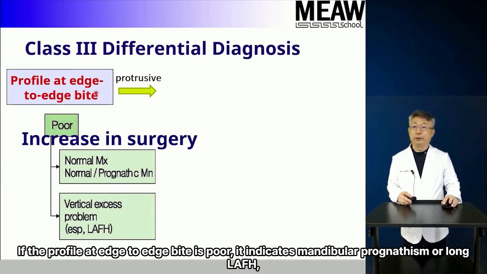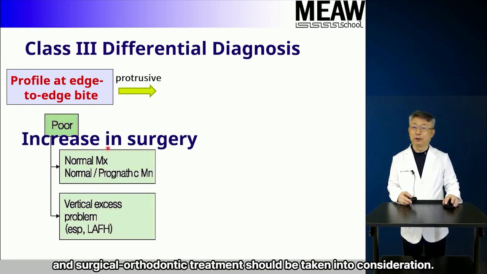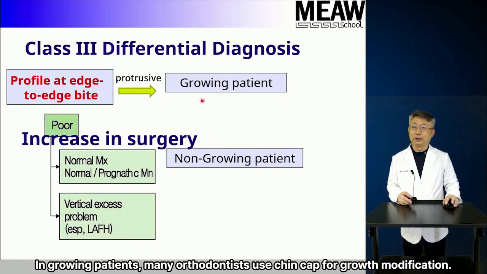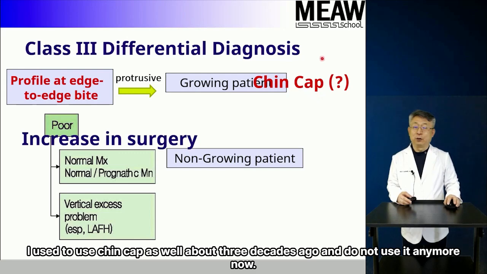If the profile at edge-to-edge bite is poor, it indicates mandibular prognathism or long LAFH. And surgical orthodontic treatment should be taken into consideration. In growing patients, many orthodontists use chin cap for growth modification. I used to use chin cap as well about 3 decades ago and do not use it anymore now.